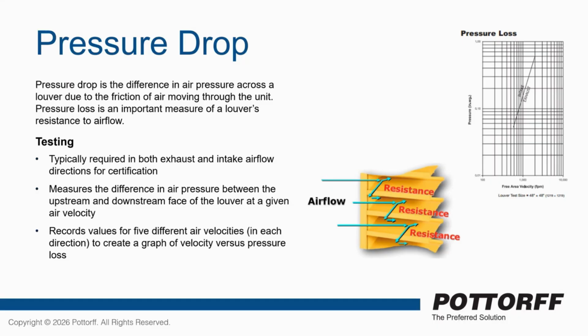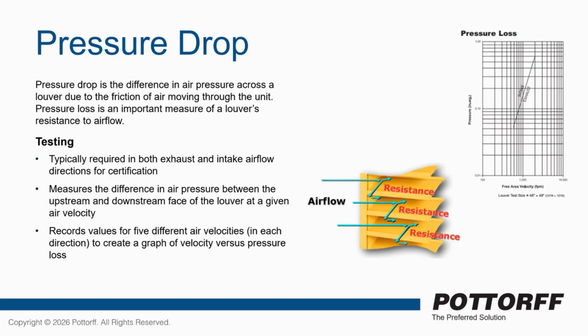A higher pressure drop means you're going to have more pressure right behind that louver. As we can call it up here, it is the difference in air pressure across the louver. It's due to the friction of air moving through the unit. Think about it with a good example I heard once: if you were driving down the road and put your hand out the window, you're feeling the wind against it, some type of pressure against your hand, and right behind it you're probably not feeling anything pushing, but you're feeling everything in front.